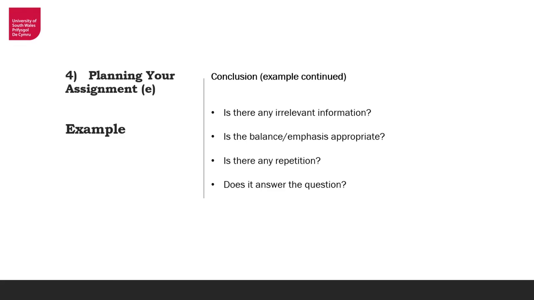Is there any repetition? And does it answer the question? All of these queries help to structure the way that you manage your time, because you're not wasting your time focusing on things that are perhaps irrelevant or less objective and purposeful. So you have a delicate balance. So it's important that you answer yourself those relevant questions, because you are essentially responding to a brief.